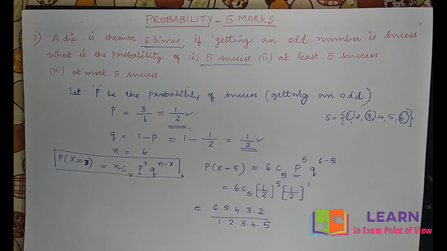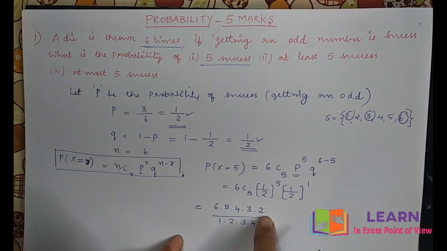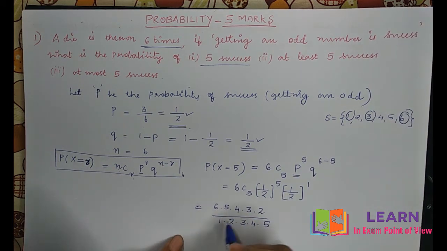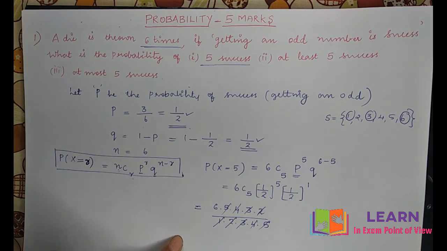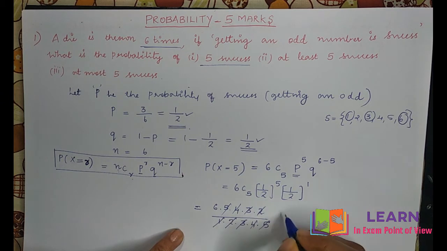Here you can cancel: 5 cancels, 4 cancels, 3 cancels, 2 cancels. What remains? 6.